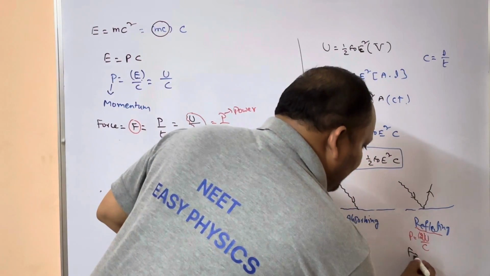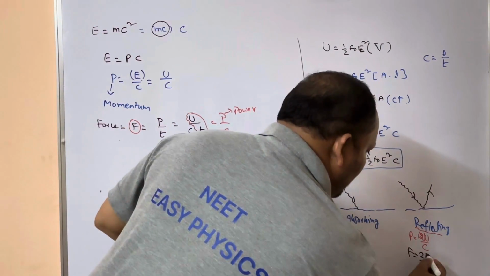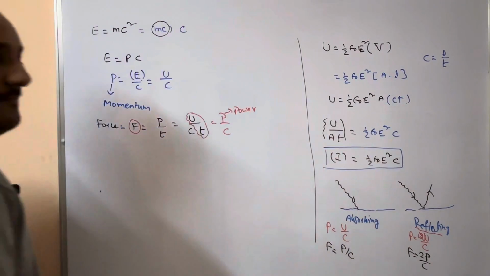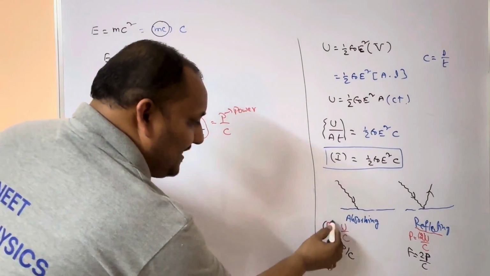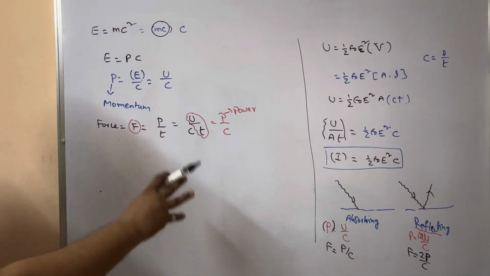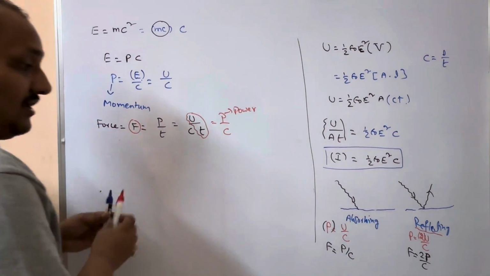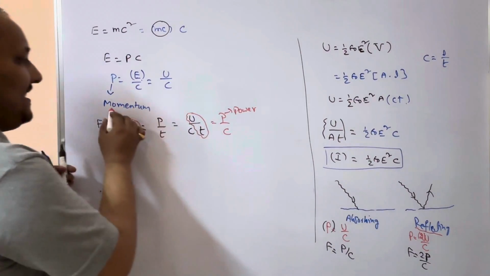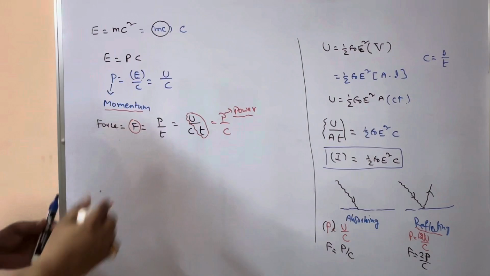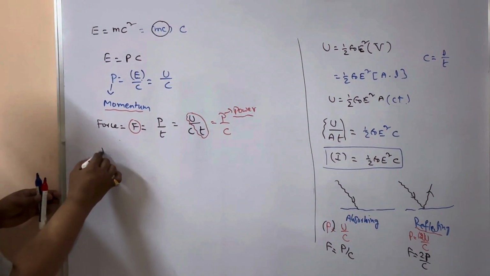On a reflecting surface, F is equal to 2P by c. In force, P is nothing but power, whereas in momentum, P is momentum. So don't get confused between momentum and power. In total, 3 P's will be coming: one P is momentum, another P is power, and another P is pressure.